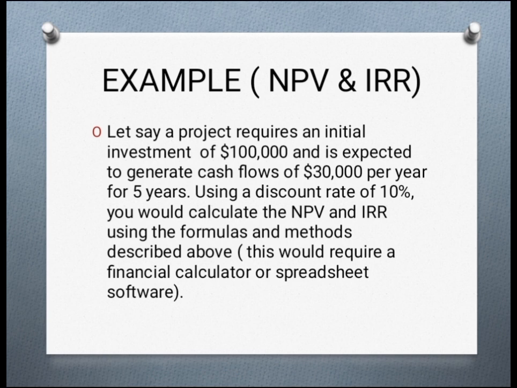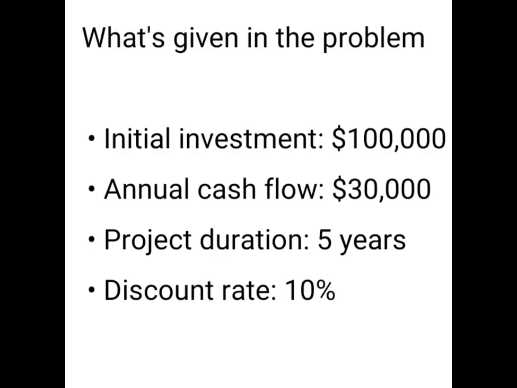This would require a financial calculator or spreadsheet software. What's given in the problem? The initial investment is 100,000 US dollars and the annual cash flow is 30,000 US dollars. Project duration is 5 years, and the discount rate is 10%.